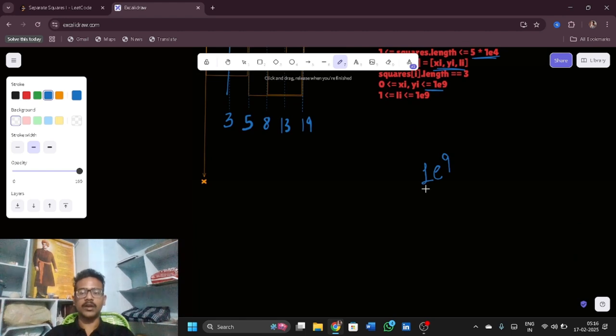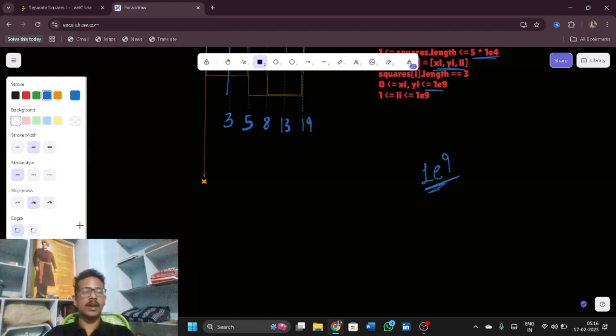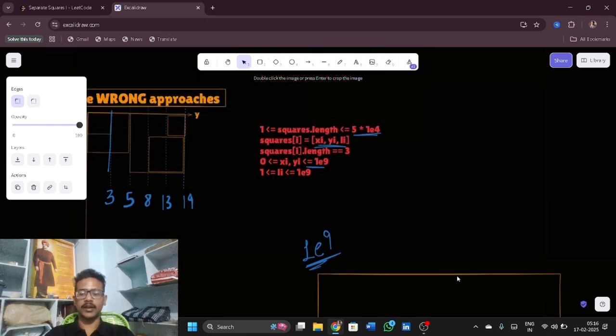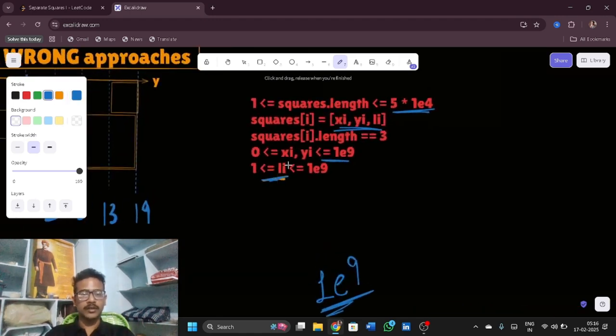Imagine I'm at 1e9. Then I have another square which has a length of another 1e9. Here the length can also be 1e9.